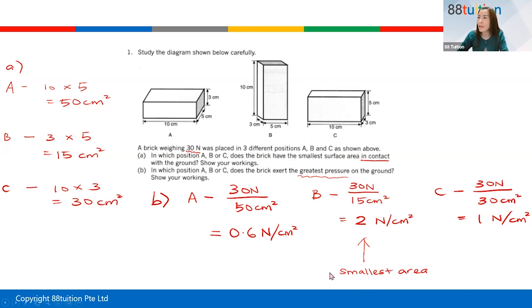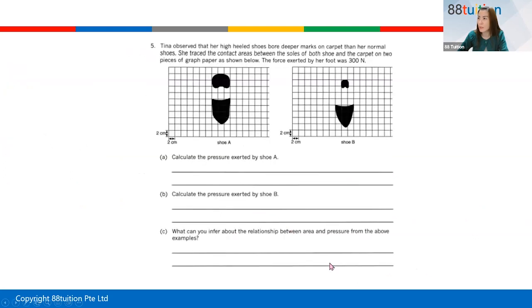All right. Okay, so if I turn you to the next question, this person, Tina over here, this is her high heel shoe. Very good example. I just talked about mine, and now the question is here. And this is the normal kind of shoe that she will wear usually.